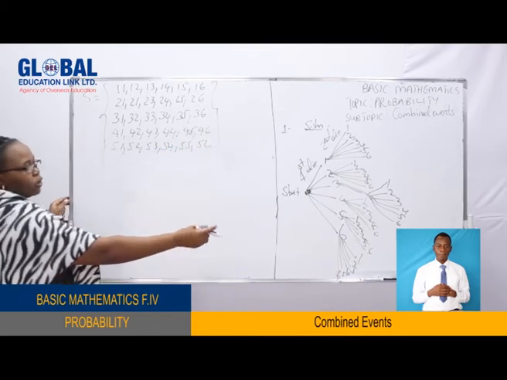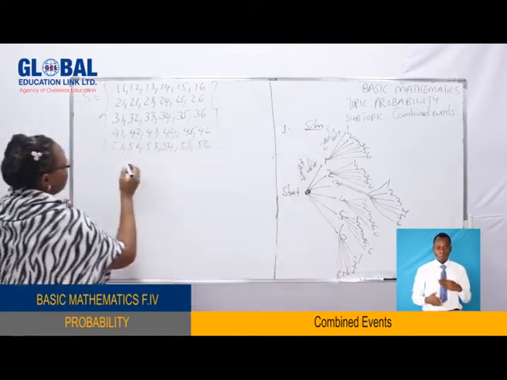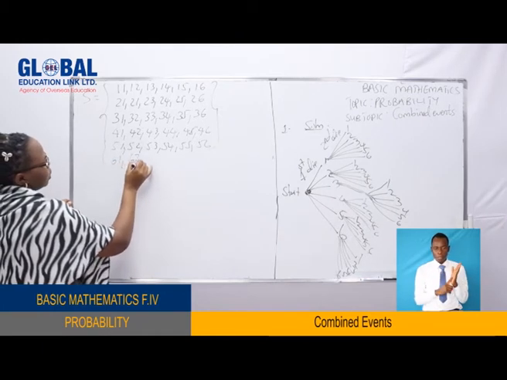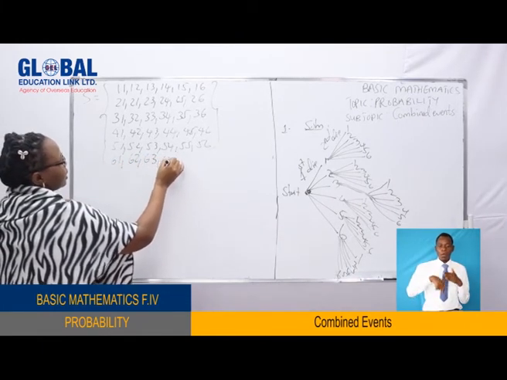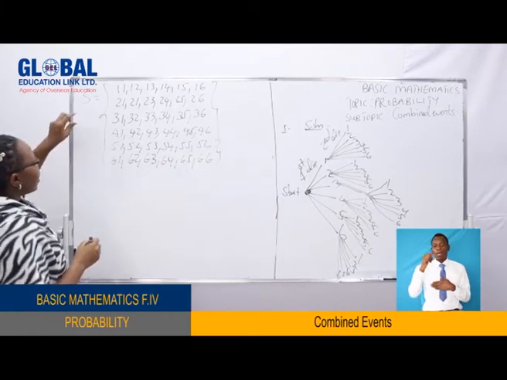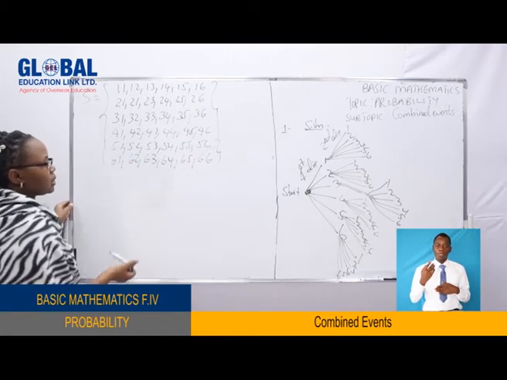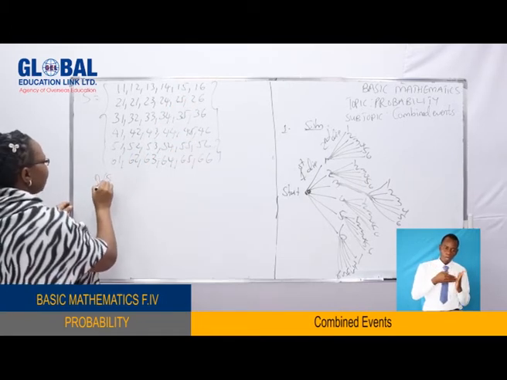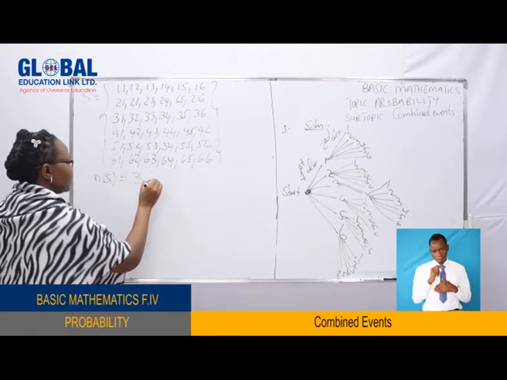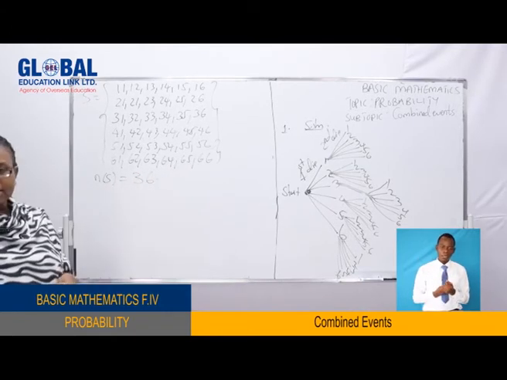And the last one, when the first die shows 6, the second one shows this option. That is 6,1; 6,2; 6,3; 6,4; 6,5; and 6,6. When you count, 6 times 6, the number of the sample space equals 36.